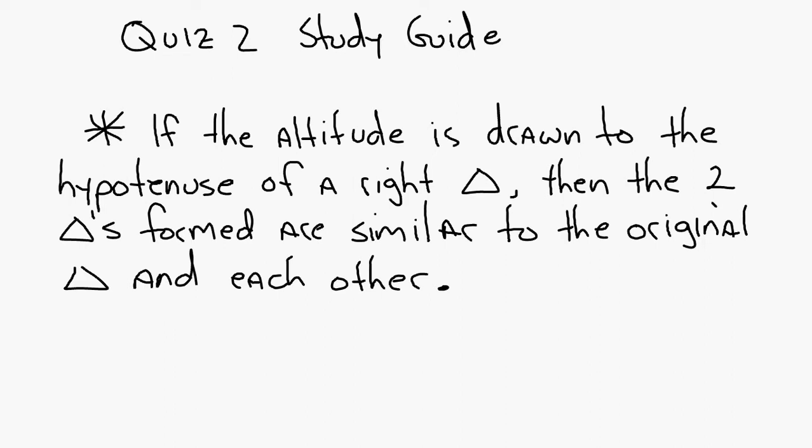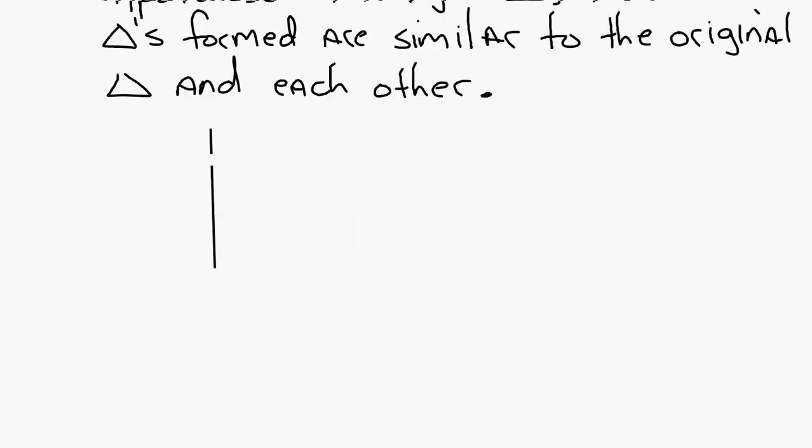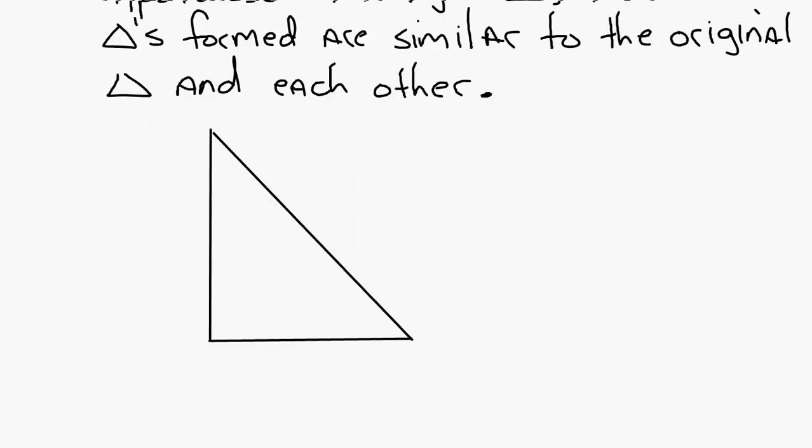So here's what an altitude drawn to the hypotenuse of a right triangle looks like. You take a right triangle, and draw the altitude to the hypotenuse. So if this is your right angle, and let's call this triangle ABC, it makes side AC the hypotenuse, correct?